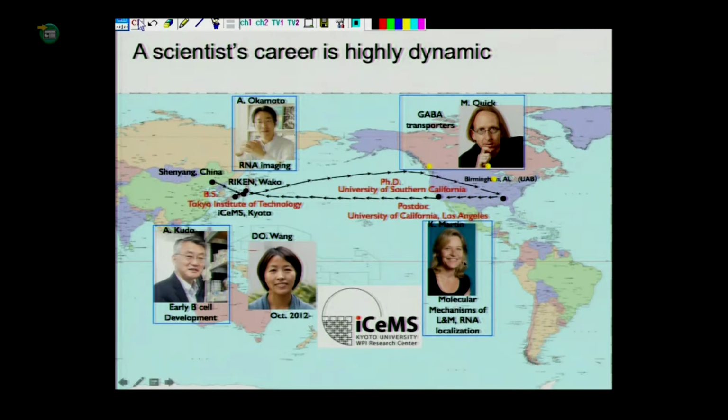In her lab, I started to probe the molecular mechanisms of learning and memory, and RNA localization. Then I moved back to a chemist's lab, Okamoto Akimitsu's lab in Tokyo, to develop RNA probes so that we can visualize RNA molecules, and then came to Kyoto University, starting my own lab. I'm Chinese, but you can see that all my scientific parents, mentors, are Japanese or Americans.